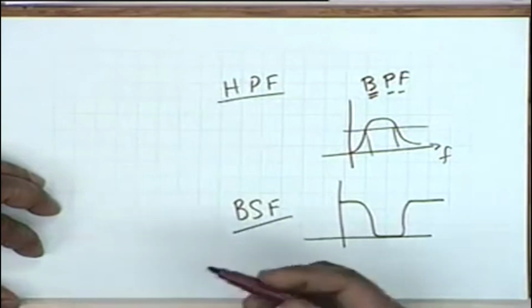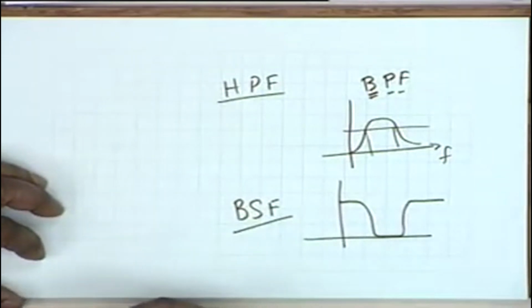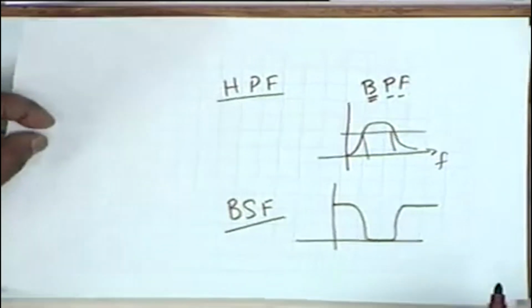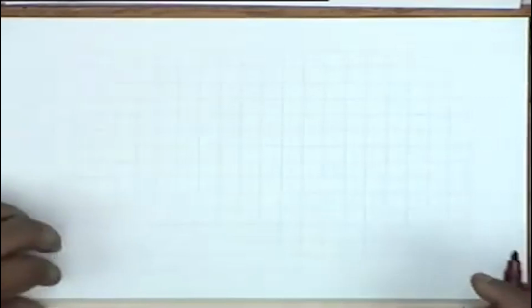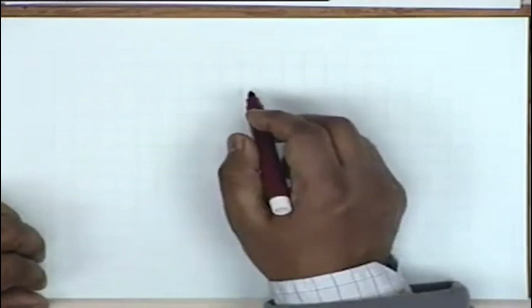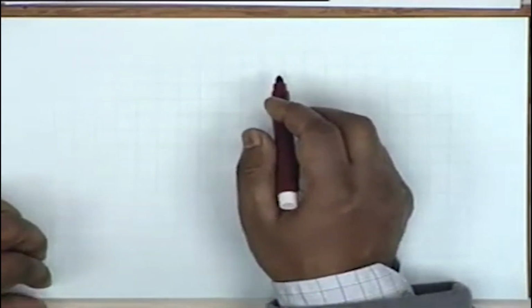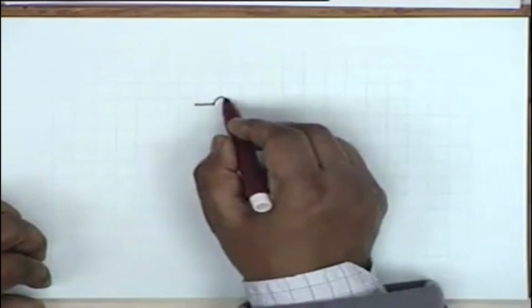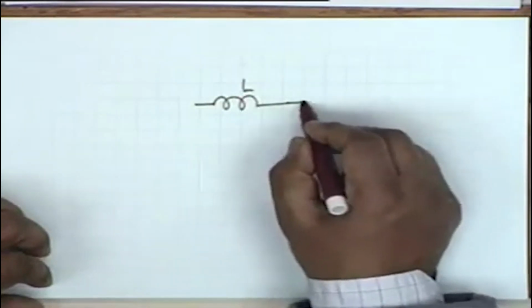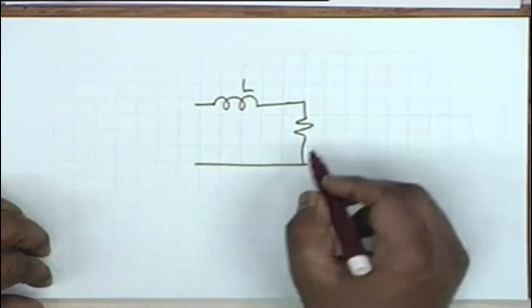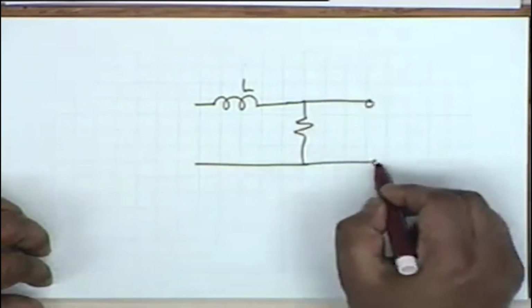And we shall look at some of the elementary filters that one can think of with a very specific purpose. We shall consider a few practical examples of such filters. Let's look at two very simple circuits. One is, let's say, an inductance in series with a resistance. Please be with me.